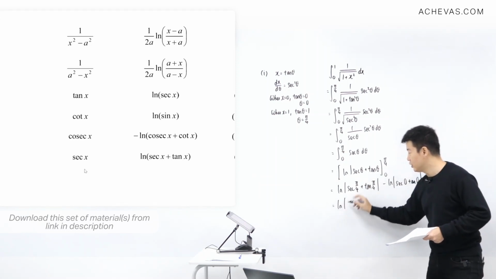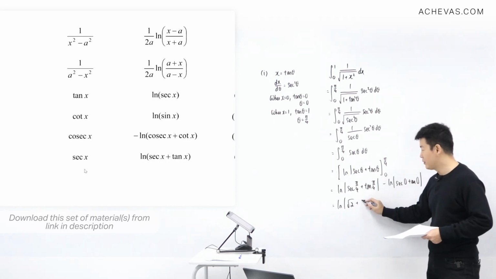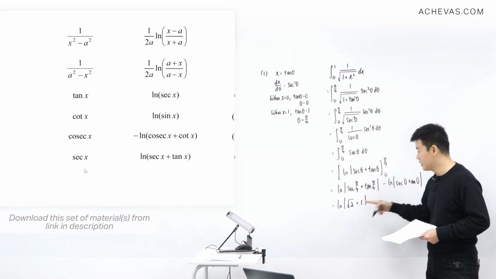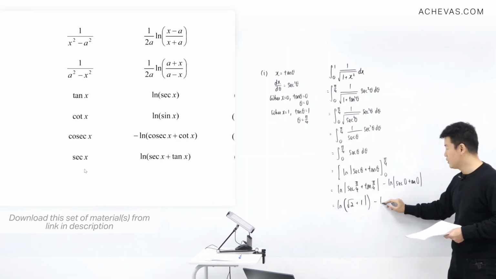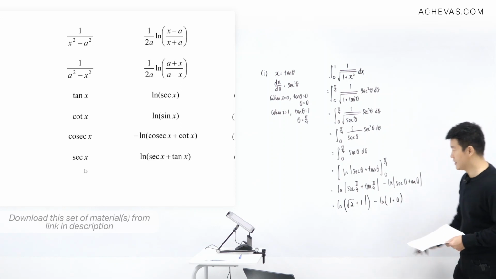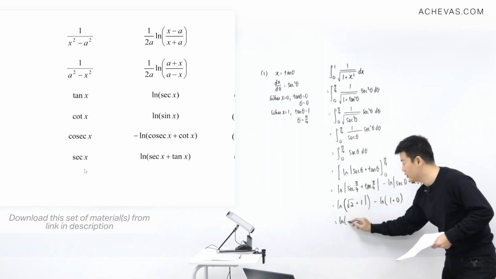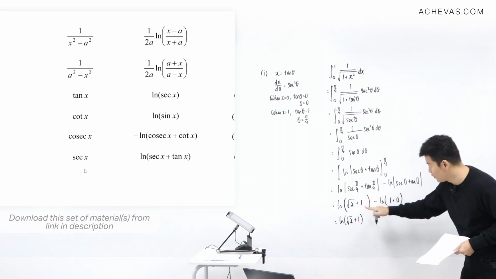So this will be ln of secant pi over 4, which is square root of 2, and tangent pi over 4 is 1. So we have a modulus of this. In fact, we don't even need the modulus. Let me just rewrite it. So we have this minus away ln of secant 0, which is 1, plus tangent 0, which is 0. So we have ln of 1, which is 0. So my answer is going to be ln of square root of 2 plus 1. Oops, I should have removed this.